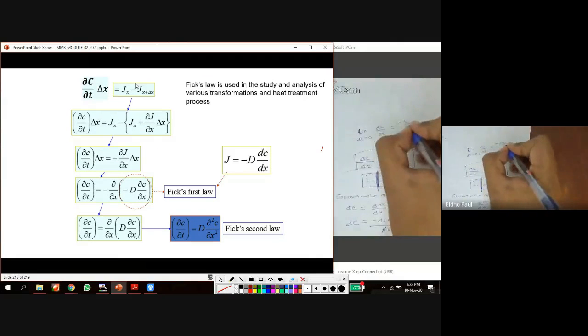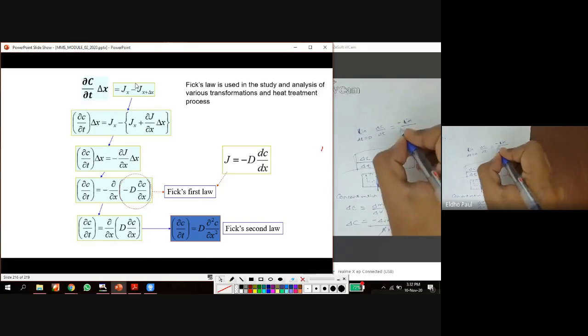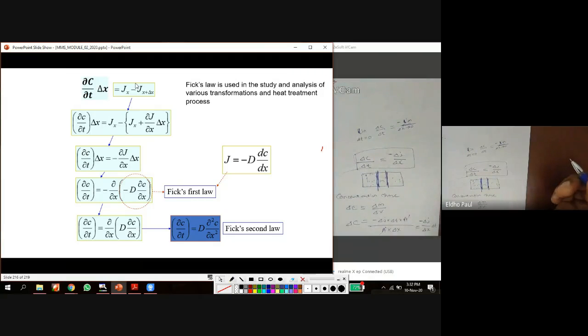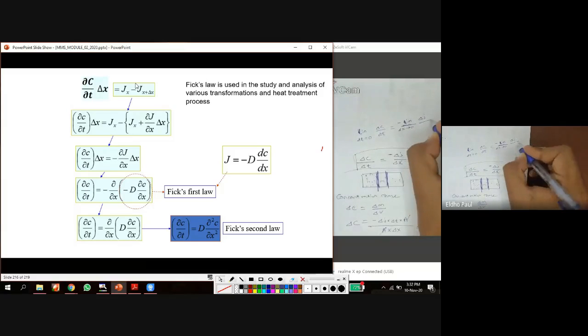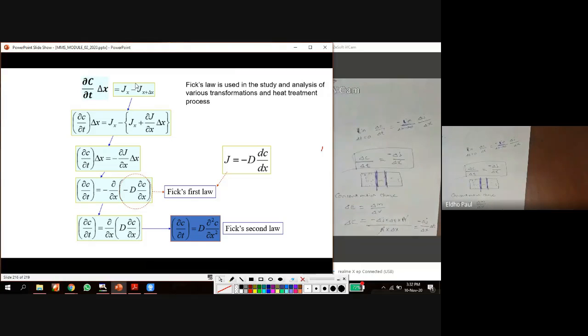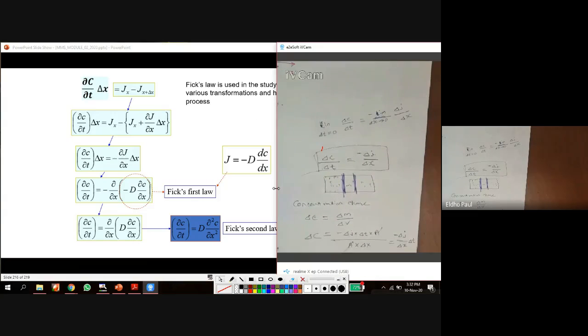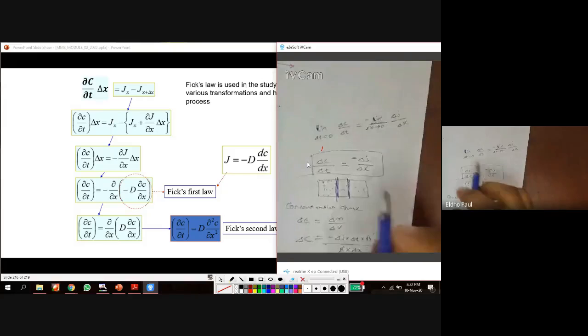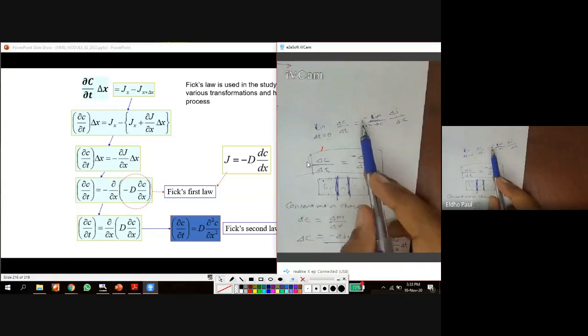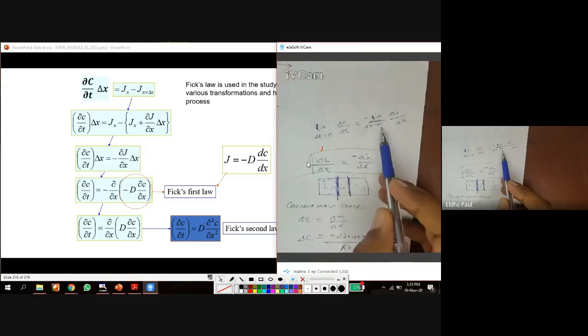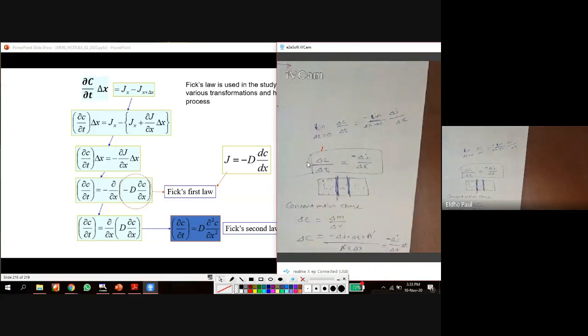Minus limit delta x tends to 0 of delta J by delta x. Okay, so limit delta t tends to 0 of delta C by delta t equals minus limit delta x tends to 0 of delta J by delta x.